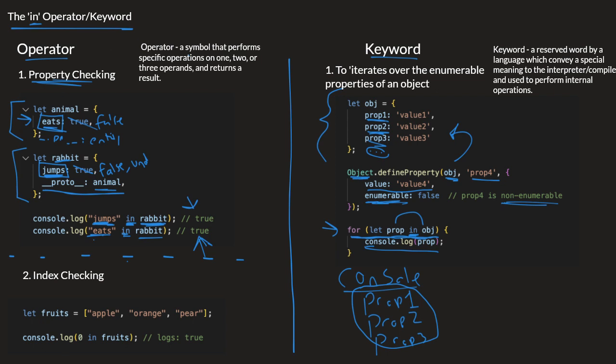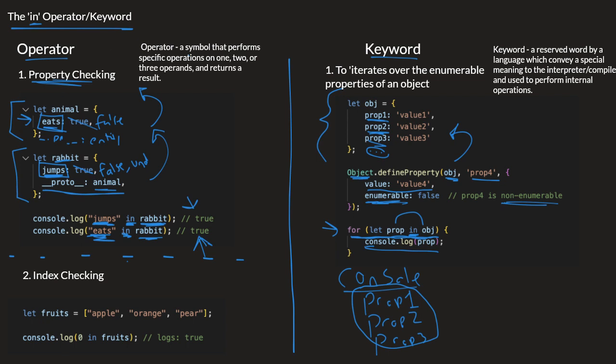Then this console.log would still return true. So if the property exists in the object directly or through the prototype chain, no matter how many times you went up from object to object, this would return true.